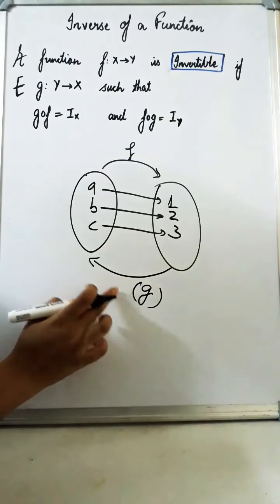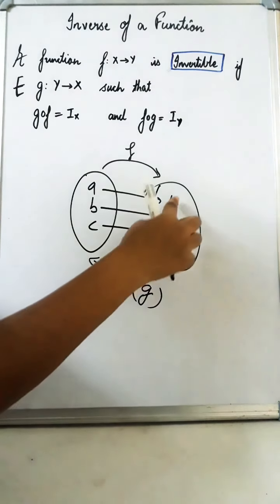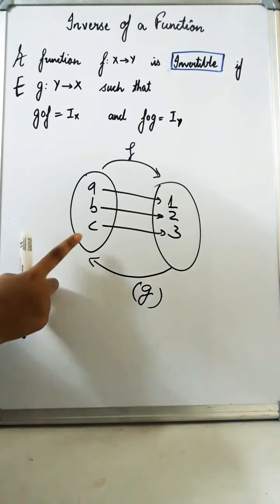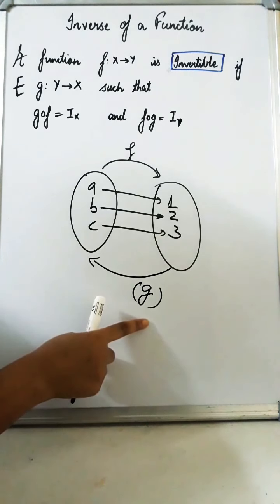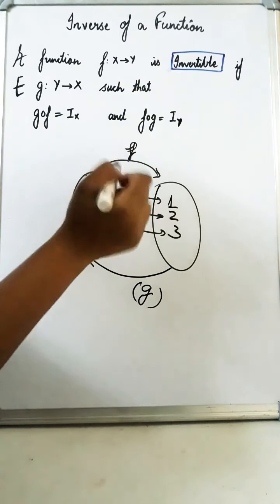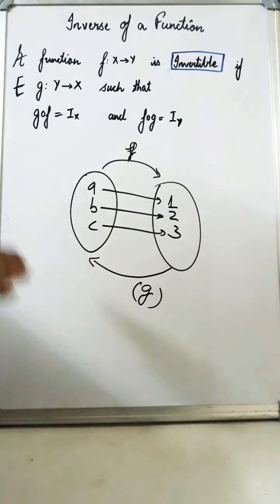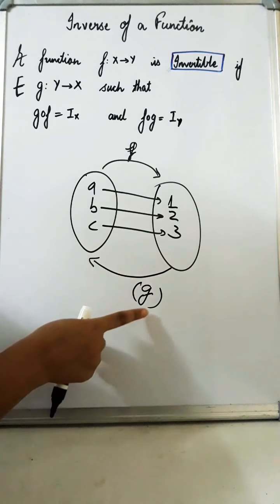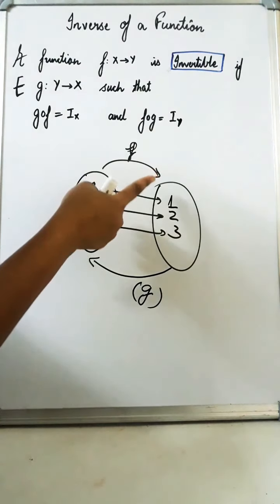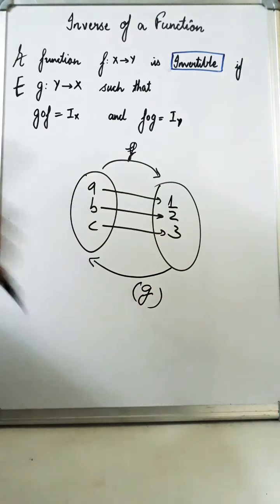Now, if this mapping is also a function, meaning every element is mapped to a unique element in this set, then g is also a function, right? Now, if f is a function and we are able to draw a mapping in reverse order, then this function will be the inverse of f. Means f is an invertible function and the inverse of f is g.